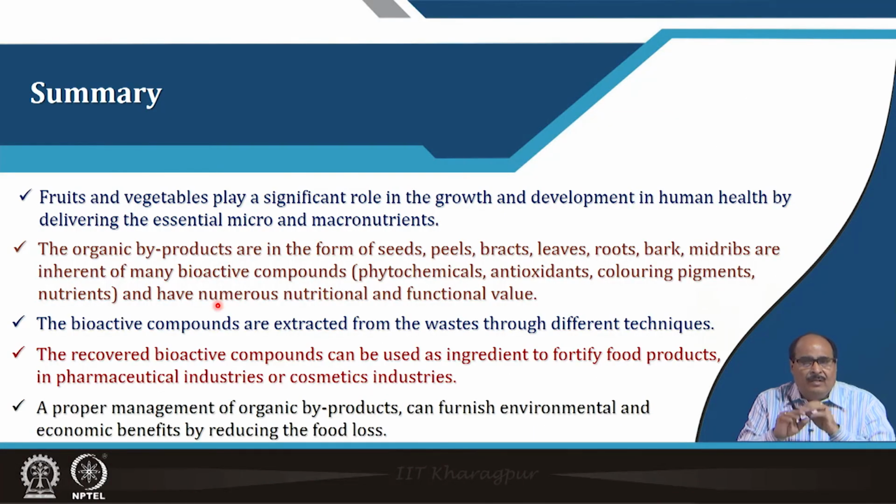Okay. Then finally, I will summarize that these fruits and vegetables, when they are processed, generate a huge amount of waste streams or byproducts, and in some cases almost 50% goes as waste, or 50 to 60%.